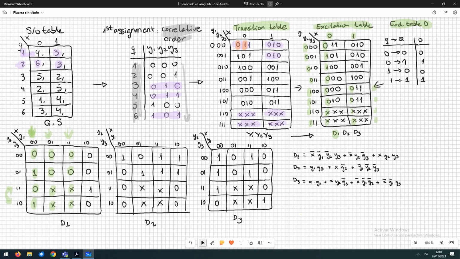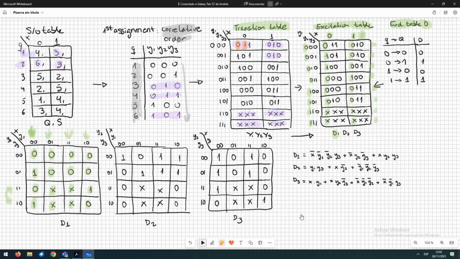And finally, we are in the case in which X is 1 and Y1 is 0. X is 1 here in this column and Y1 is 0 in these rows. So we copy the values of D1: 0, 0, 0, 1, 0, 0, 0, 1.